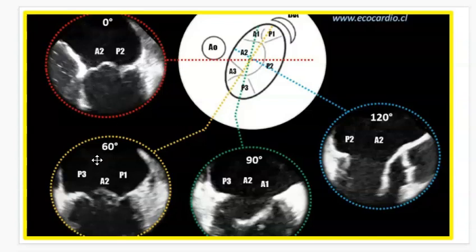At 60 degrees, we have P3, A2, P1, and so on and so forth. And these degrees show us where we're at up here in relation to the aorta and what have you. And you can see where we're cutting through at different degrees and what leaflet, P1, P2, P3, A1, we're cutting through. You can see over 120 degrees, P2, A2, and so on and so forth.